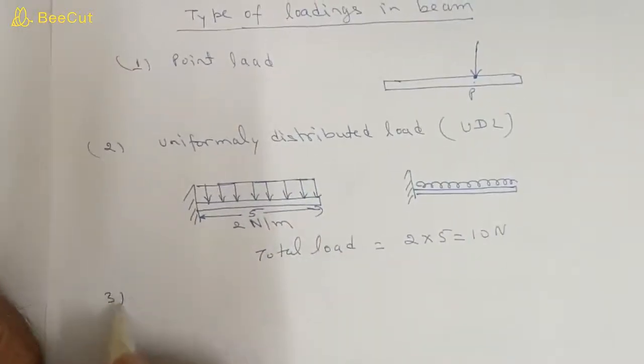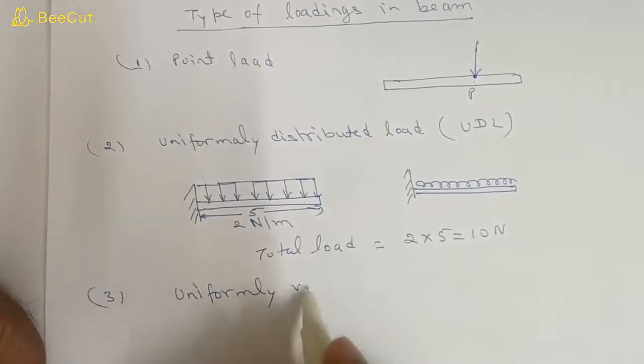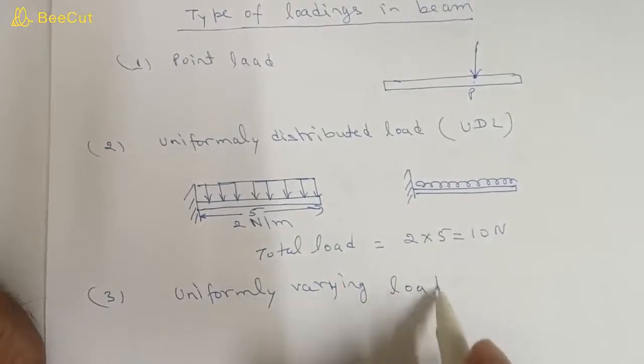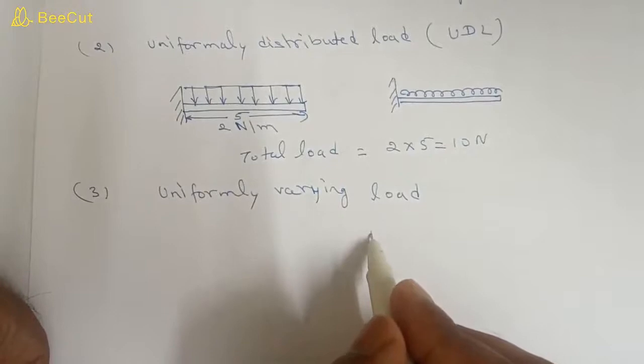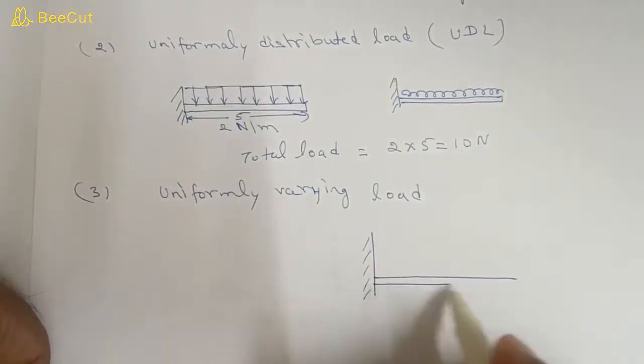And the third one is uniformly varying load. In this case, suppose this is a cantilever beam.